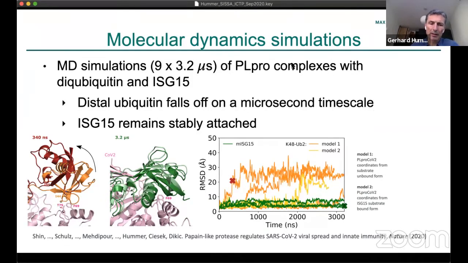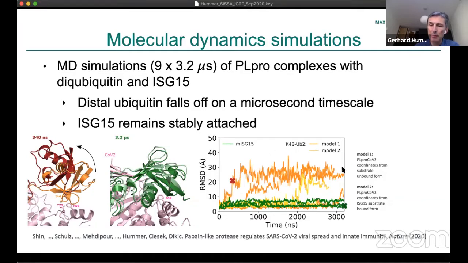Laura Schultz in my group, together with Reza Medipur, set up MD simulations of various constructs. And what they found consistently was that the ubiquitin bound to the SARS-CoV-2 PL-Pro is unstable. On an MD timescale, which is quite unusual because protein-protein complexes are rather difficult to simulate, consistently what we found was that the ubiquitin started to dissociate. This is illustrated here in this RMSD versus time plot, where we can see that in 4 out of 6 simulations on a microsecond time scale, the ubiquitin comes off.